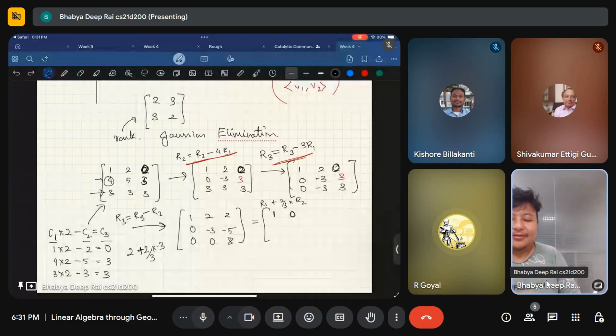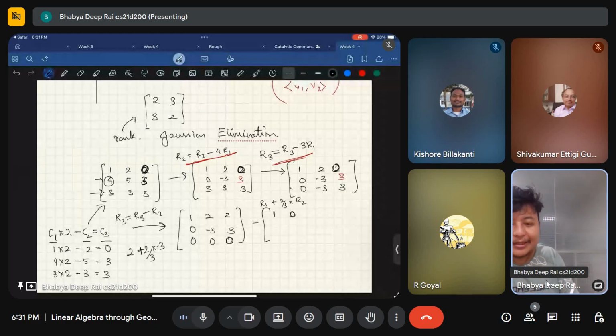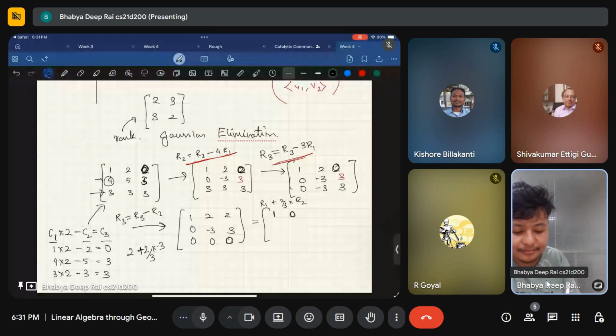So what used to be the pivot elements here? What used to be the pivot element? Okay, now pivot element, you can interpret it in two ways: in reduced row echelon form until you go till 0, 1, 1, 0 and so on. You see that I can always trivially make this 1 if there are zeros to the left.